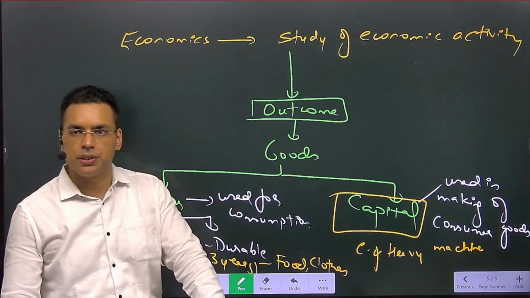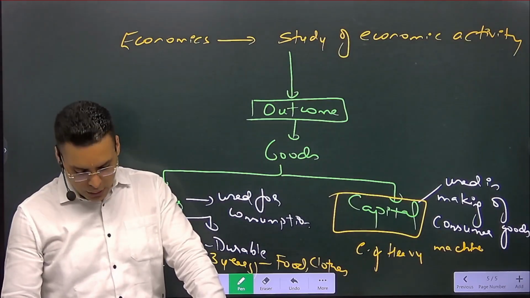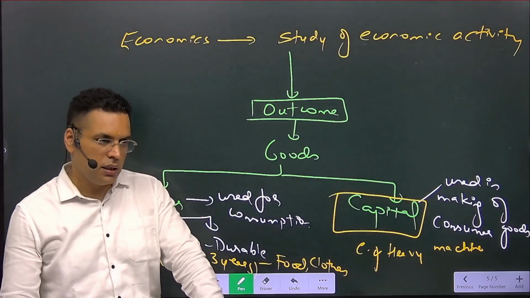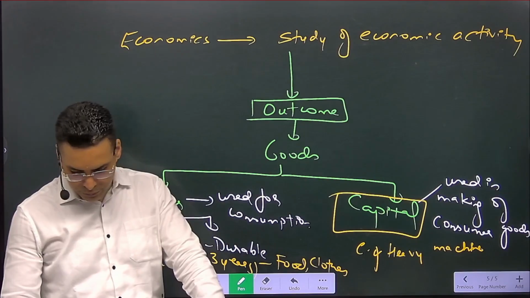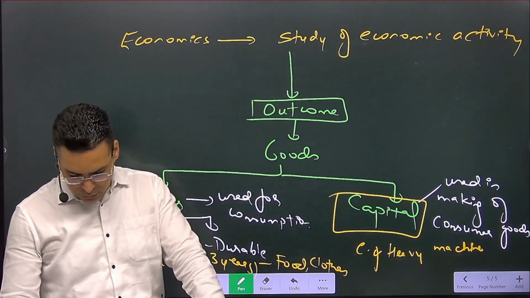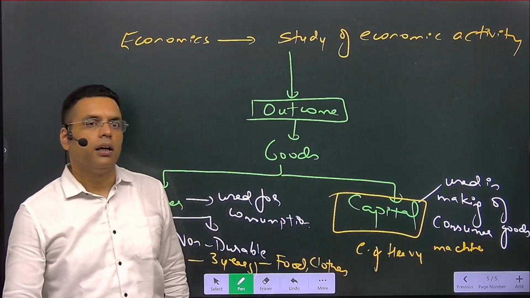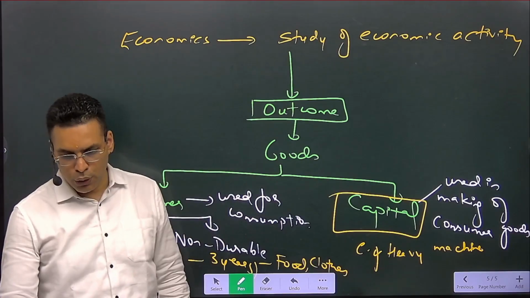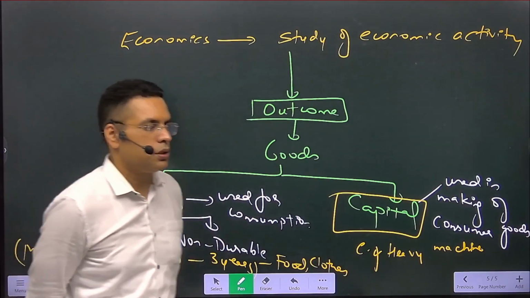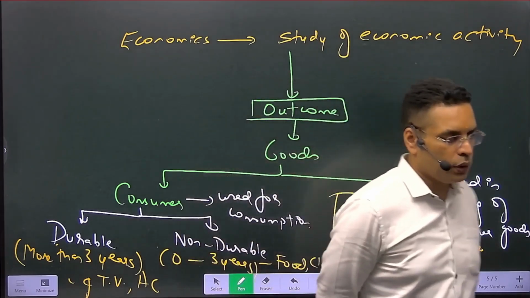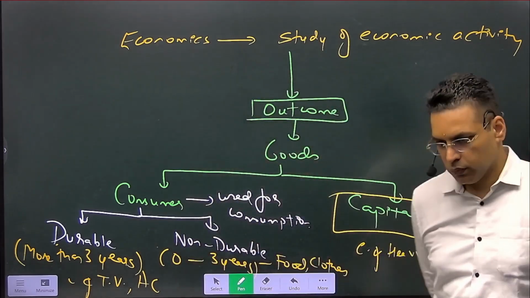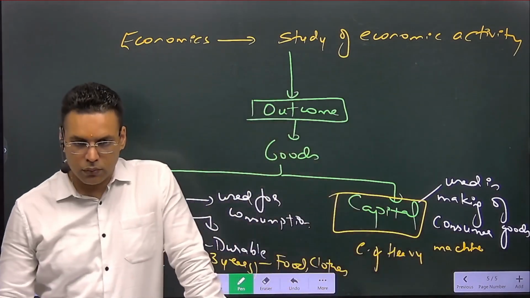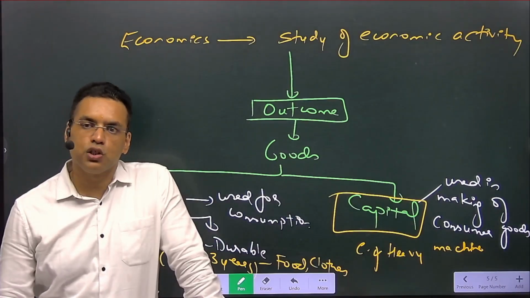It has three features. Point number one, used as an input. Used as an input in making consumer goods.